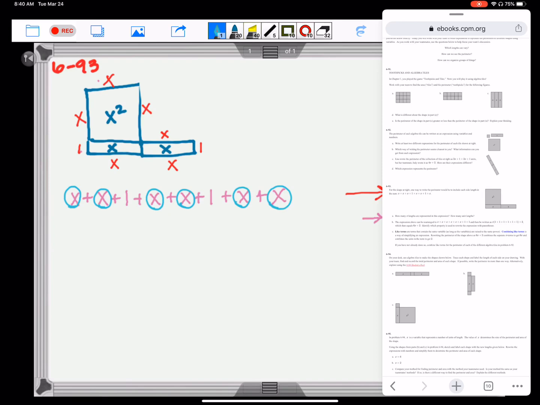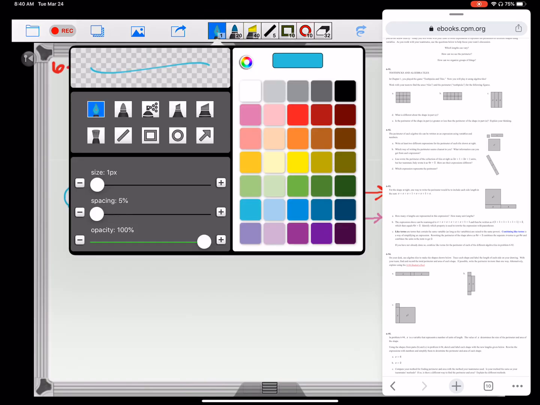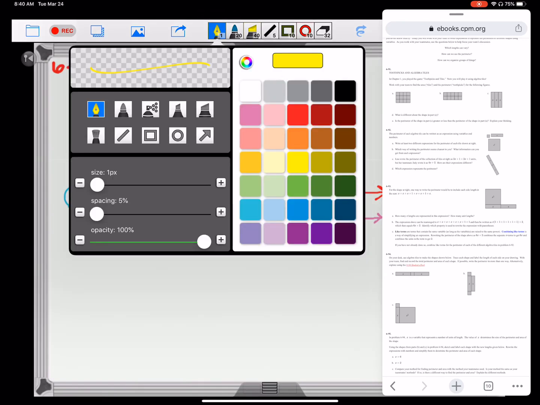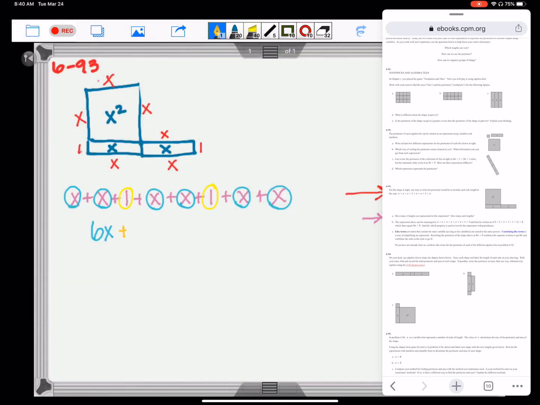So remember, if you remember from class, we start by writing the number that we have followed by the type of tile. So we write 6x, and then for our unit lengths, we have 1, 2 units. So then we're going to write plus 2 units.